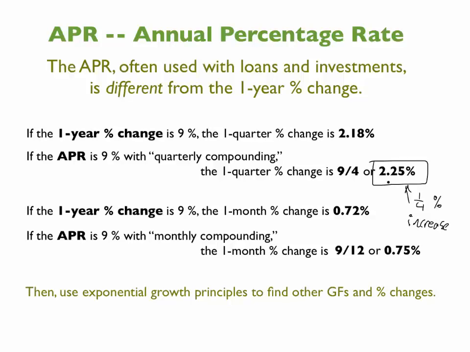You've got the 1 quarter percent increase, and you want the 1 unit percent increase. What do we expect? Is it going to be bigger or smaller than 9%? It's going to be bigger, because 9% per year corresponds to 2.18% per quarter, and now we have 2.25% per quarter. So the true 1 year percent change is going to be greater than 9.